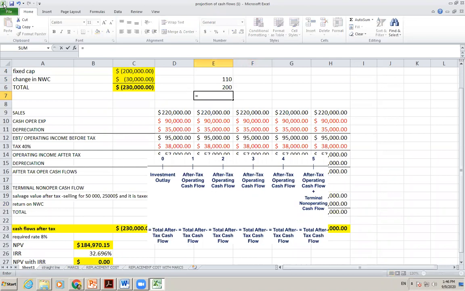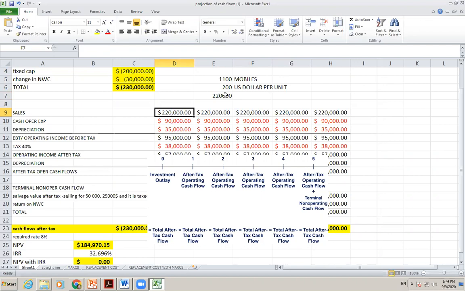Multiply. Let's say you're producing 1,100 units, mobiles. This is US dollars per unit. This is how we find the sales.